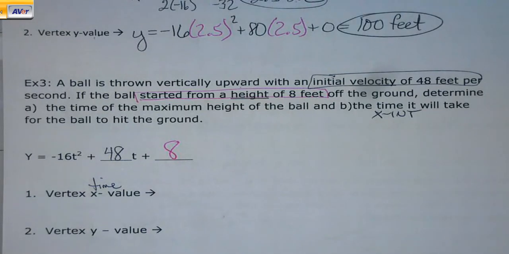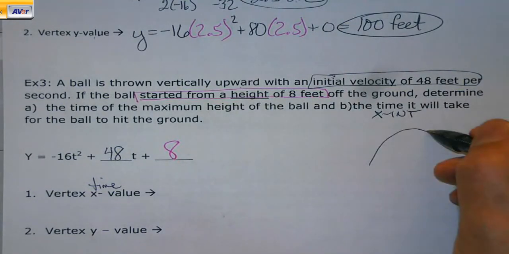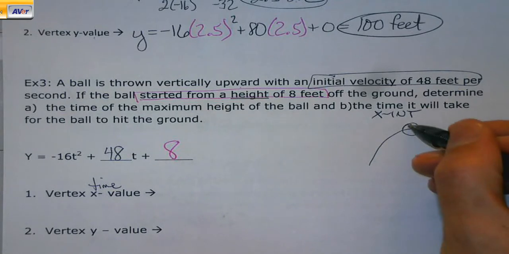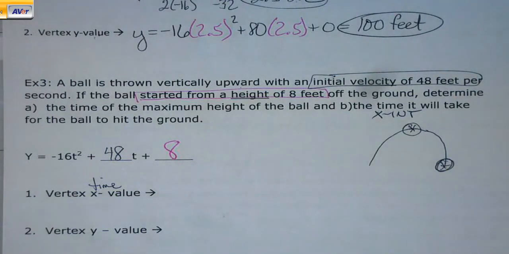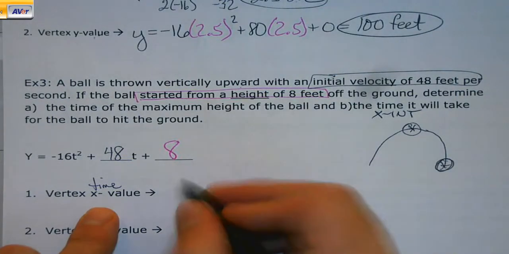Okay, so I'm dealing with time twice, but in 2 different instances. The first time, I'm looking to see when the ball reaches the maximum, and the second time, I'm looking to see when the ball hits the ground. So either way, I'm going to run through those same steps.